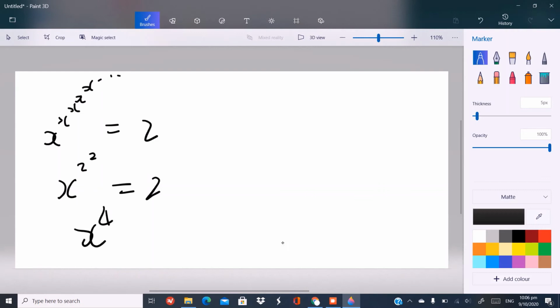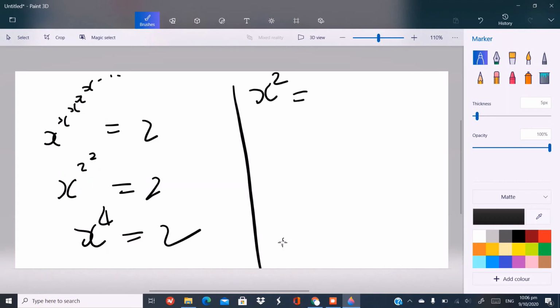And now the problem becomes like this. And x squared equals this, x itself becomes like this.